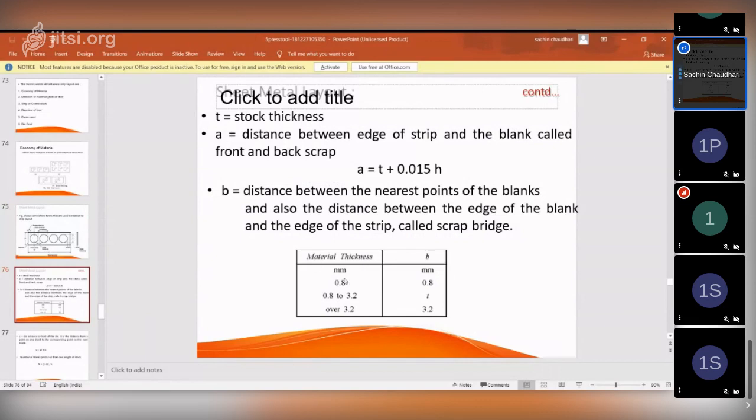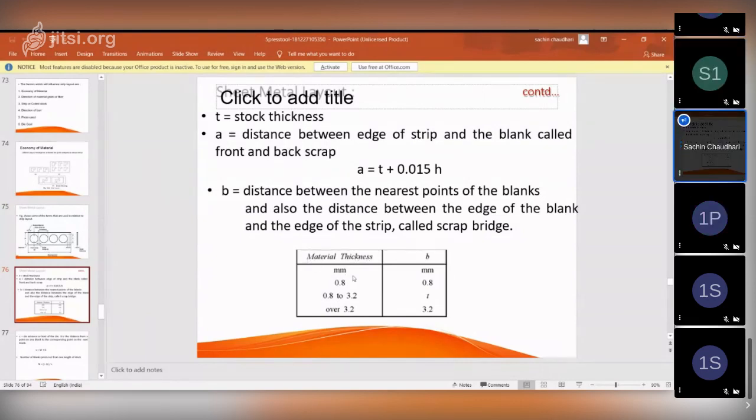So it depends upon the material thickness, which is in mm. If the thickness ranges from 0.8 to 3.2 mm, then the B distance is exactly equal to T, the thickness of your sheet.